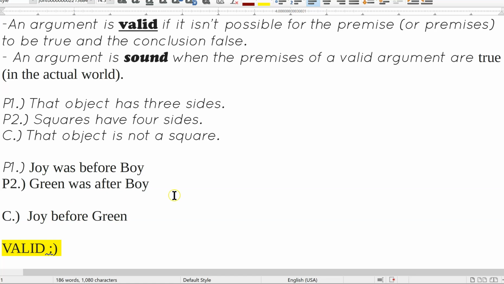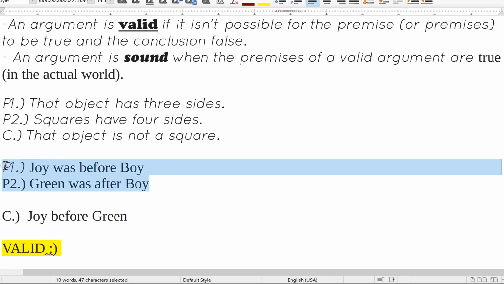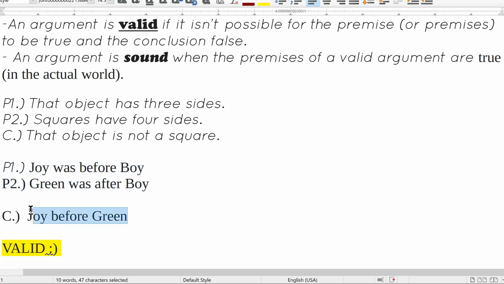This is nonsense, but you'll see it is still valid. Joy was before boy, green was after boy, therefore joy was before green. There's no way out of it. If these are true, whatever they mean, this must be true. And you can also see that we don't introduce any new information here.